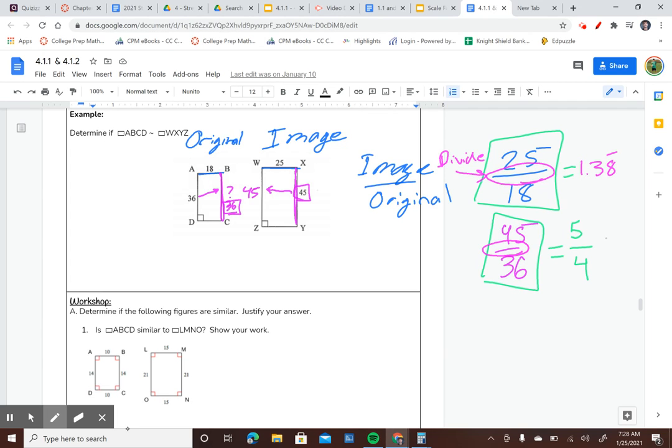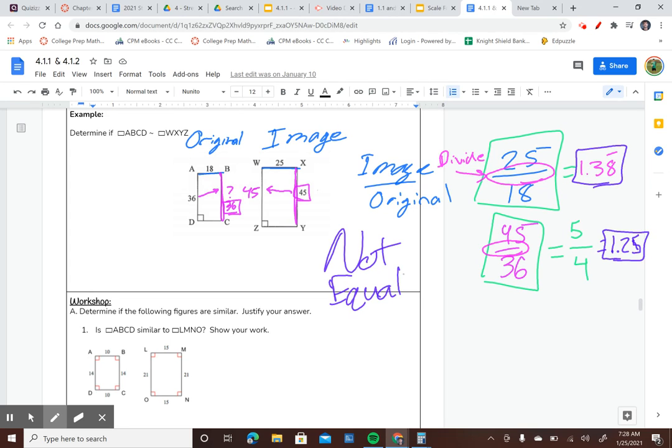So notice 1.25 is not equivalent to 1.38. And so therefore these ratios, 25 over 18 and 45 over 36, are not equal.